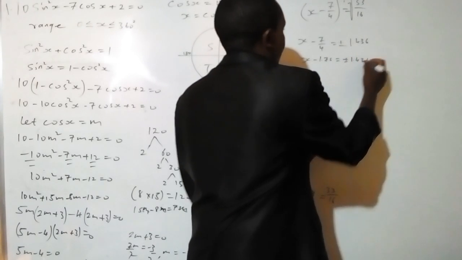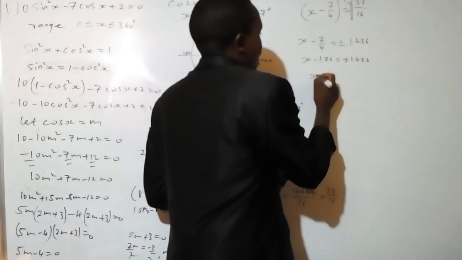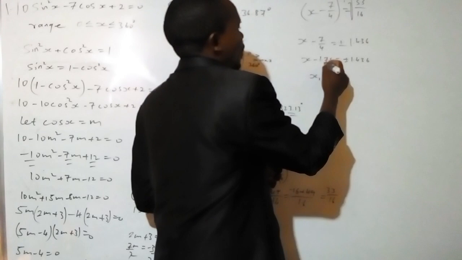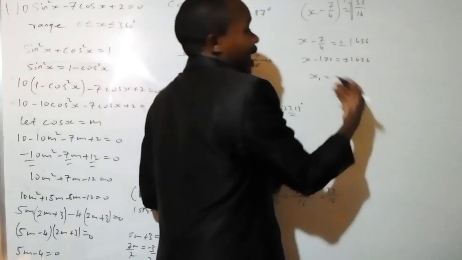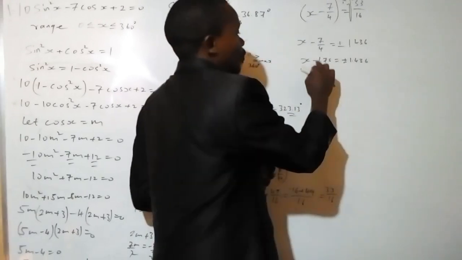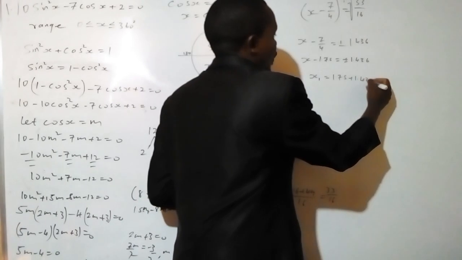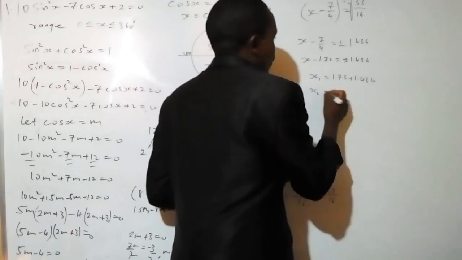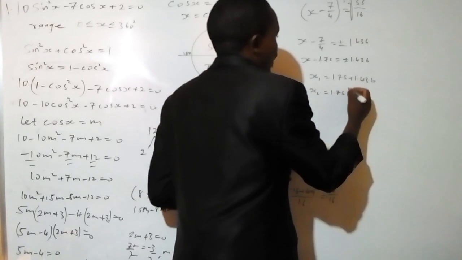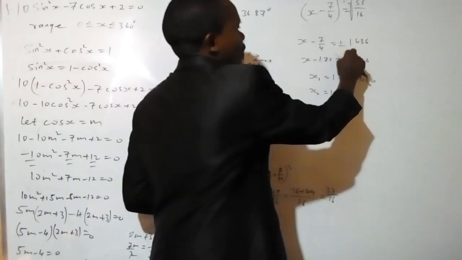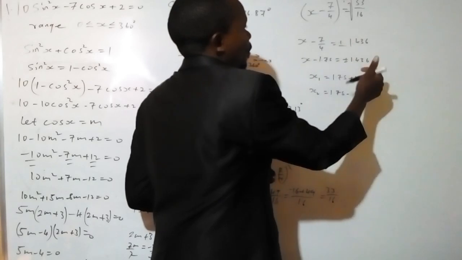We can say that one value of x will be, you take this negative 1.75 from left to right, the sign will change to positive: 1.75 plus 1.436. The next value will be 1.75 minus 1.436, since we have two values of the square root, plus and minus 1.436.